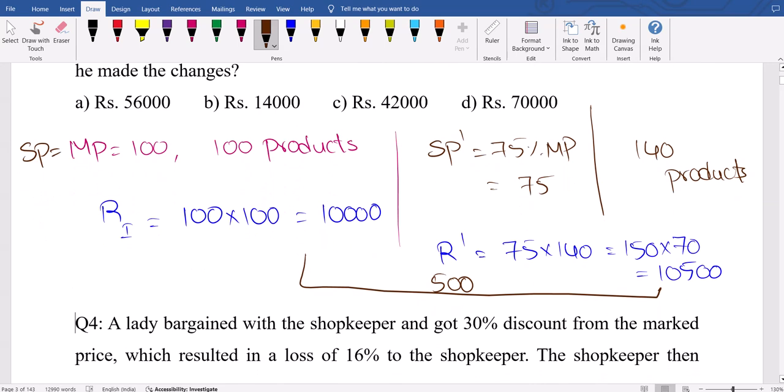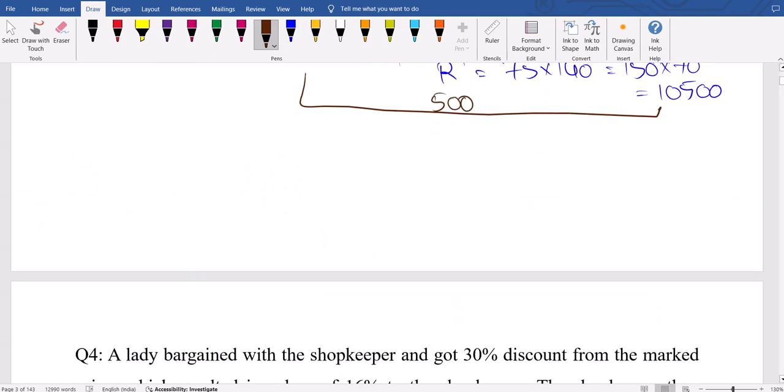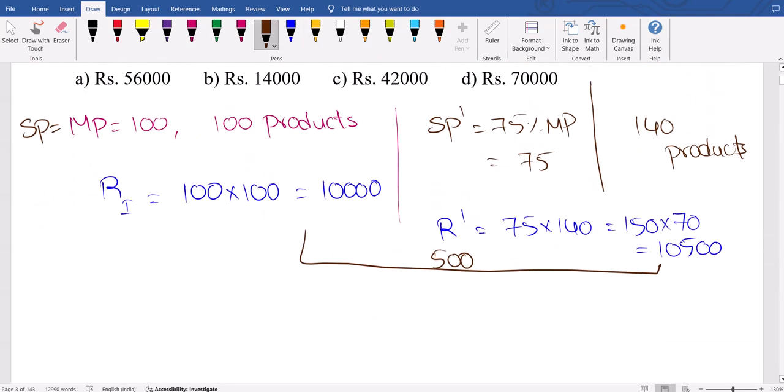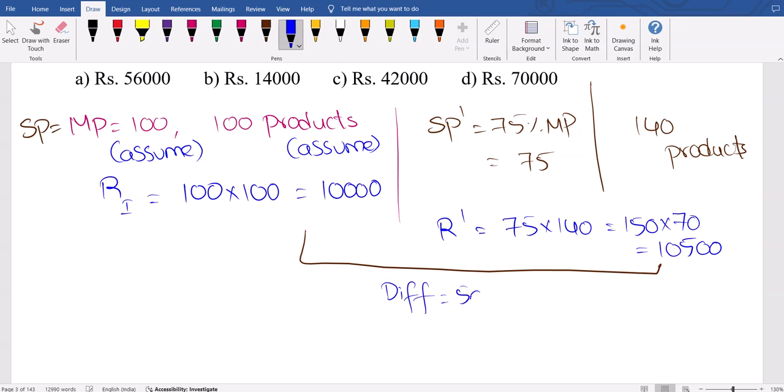See, I assumed the initial revenue, they didn't give the marked price or that 100 products are sold, nothing is given. This is all our assumption. We assumed 100 is the marked price and 100 products are sold. Now the difference we got using this process is 500, but in the question they gave 2,800.